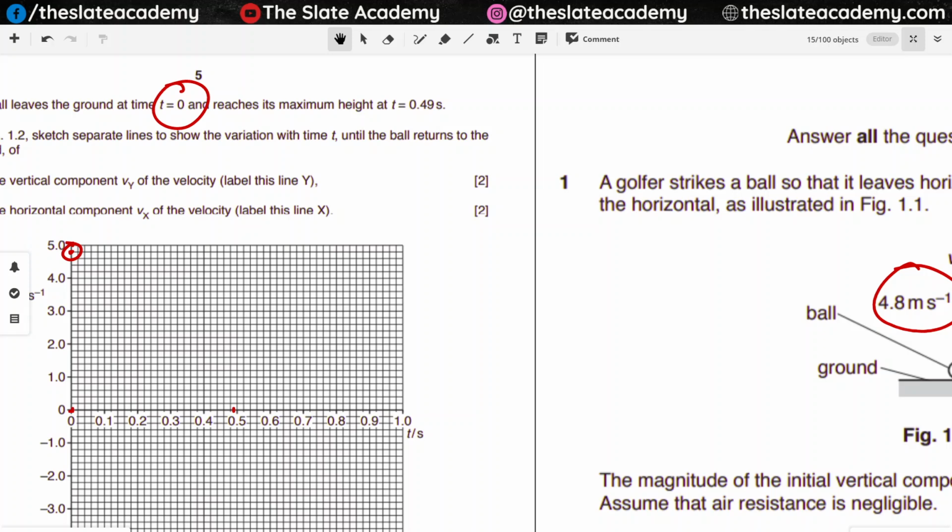Do you agree? My question is, from that up point to this down point, would the velocity be a straight line or would it be a curve? So should I draw a line like this, or should I draw a curve like this? Yes, madam.